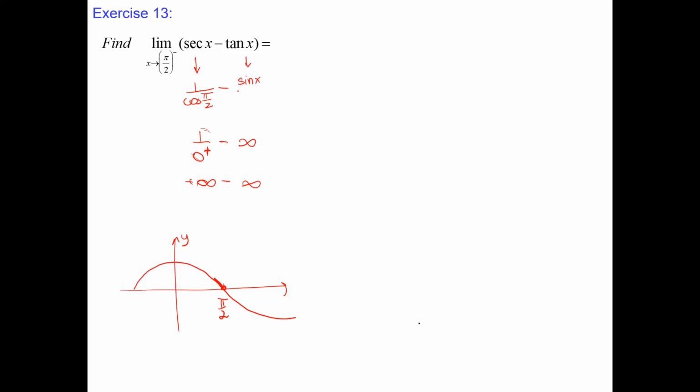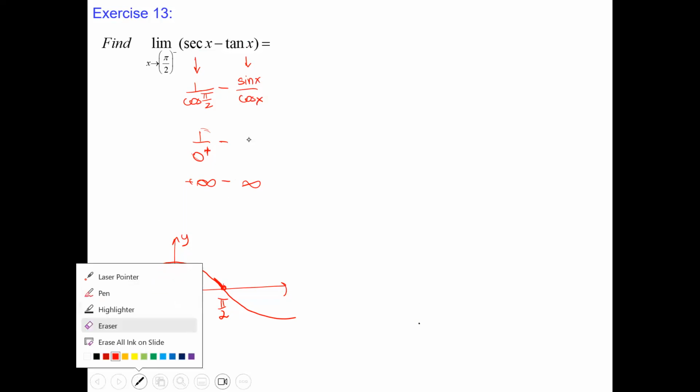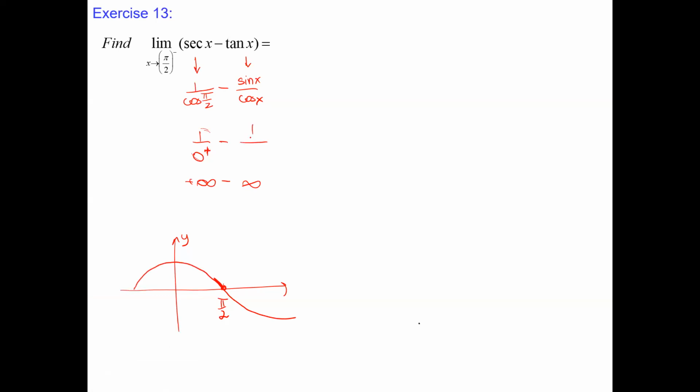Tangent is sine of x over cosine of x. Sine at pi over 2 is 1, and cosine is 0 from the left-hand side. That means it will be infinity. Okay, we have infinity minus infinity. Let me remove the plus because it's confusing.